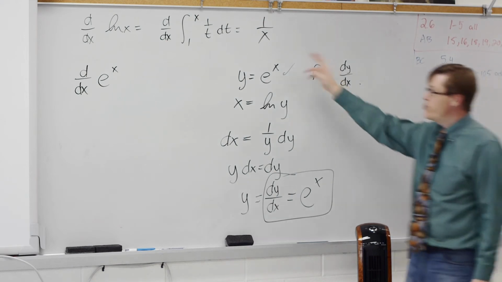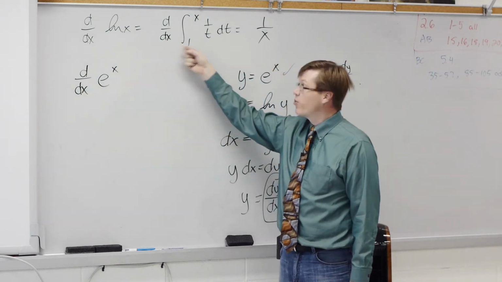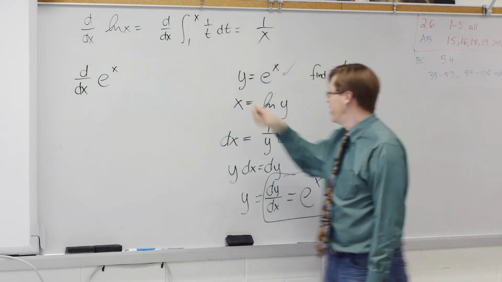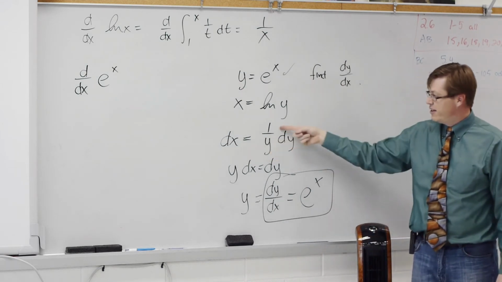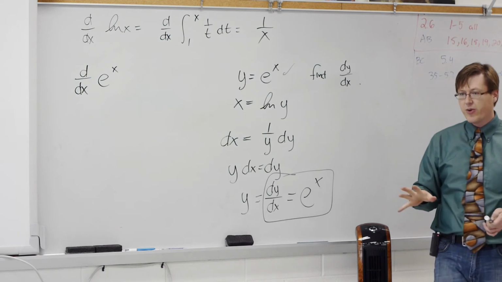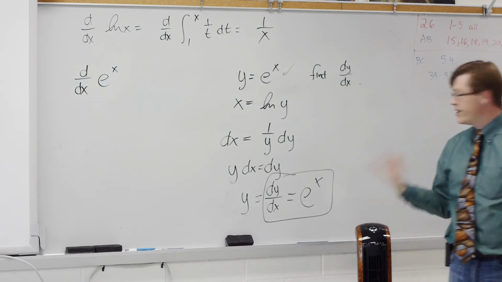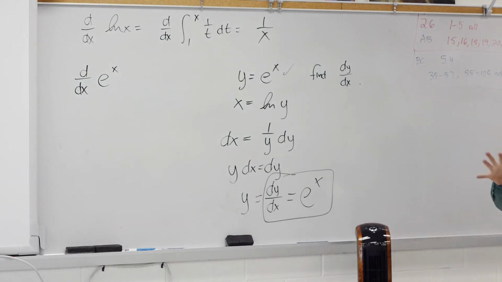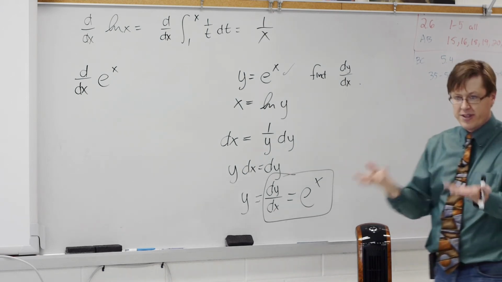In this case, when you take the derivative of the integral, you just get 1 over t. And here I get 1 over y, and if I flip it, I just get y. So that's essentially the reason that the derivative of this function is itself: its inverse is 1 over y. So when you take the inverse, it flips, and when you take the derivative, it flips, and then they're the same.